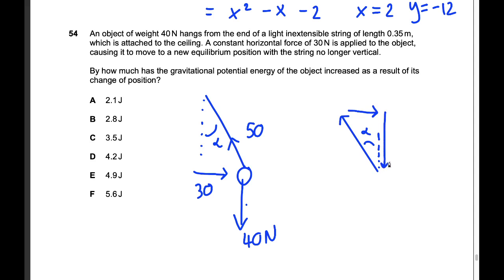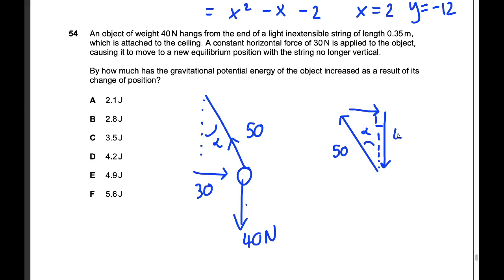So this is an object in equilibrium, and this vector triangle of forces should end at the point it started. The tension pulls you diagonally up to the left, the 30 newton force pushes you to the right, and the 40 newtons pushes you down. So this is a 3, 4, 5 triangle, and this is your right angle.